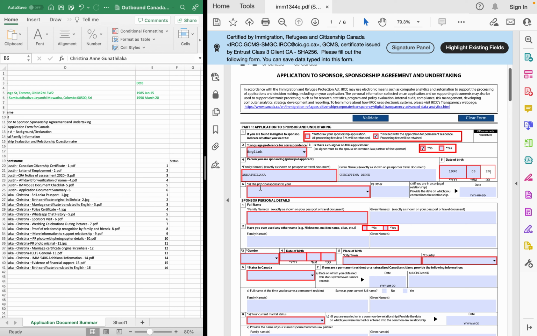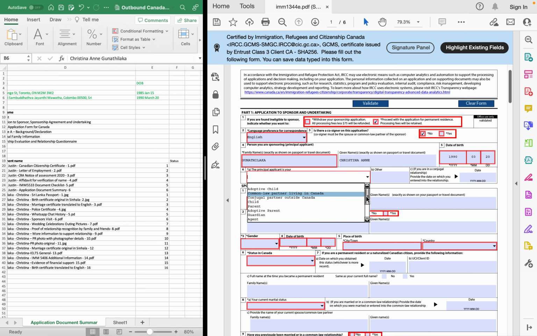Okay, so the principal applicant is yours. It should be spouse living outside Canada. And then other, if you are a partner, that is not relevant.